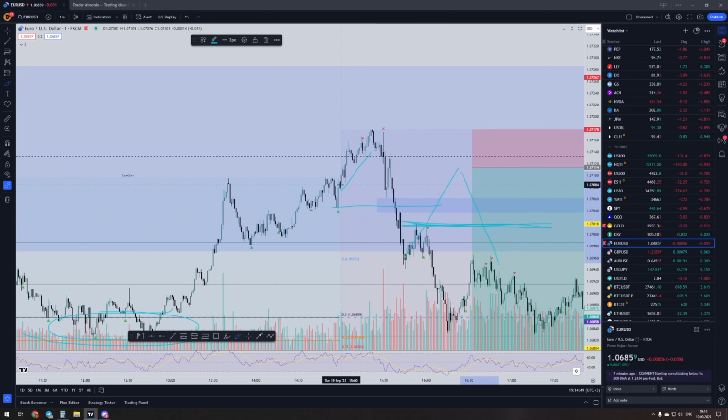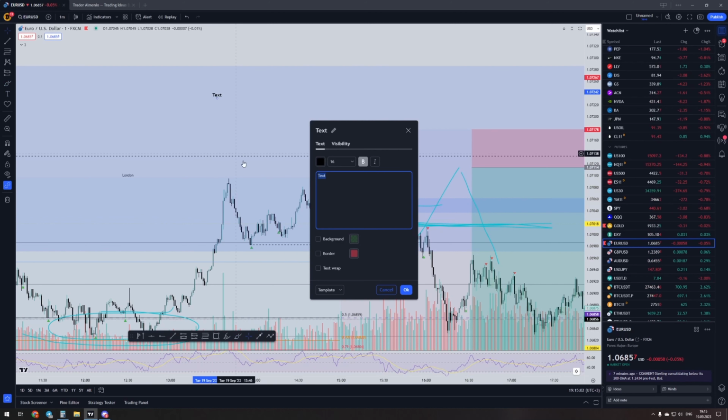So when I see this kind of price action that's happening in my point of interest, first of all, I have key points of interest. It can be from high time frames.